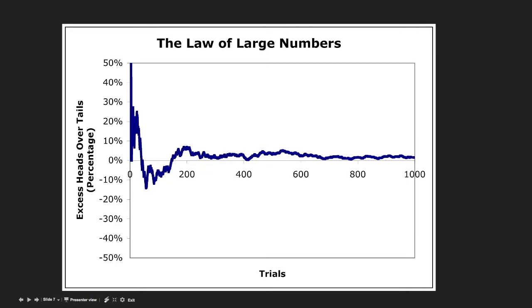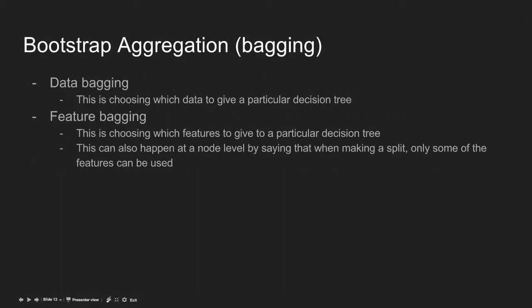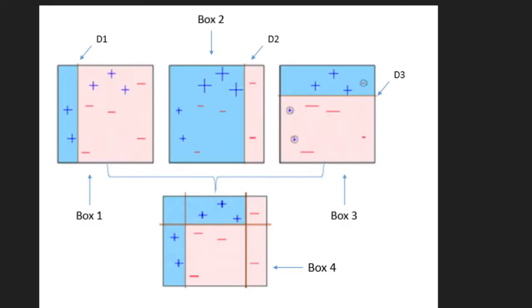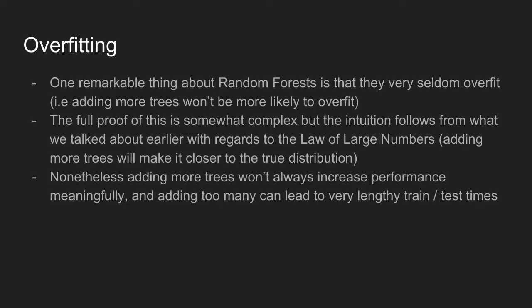However, adding more trees won't always increase the performance. We can go back again to the law of large numbers to talk about this, because if you notice, over here we have a big jump in the change in the ratio of heads to tails. But once we get out over here, you notice that flipping it more times doesn't really change it that much.